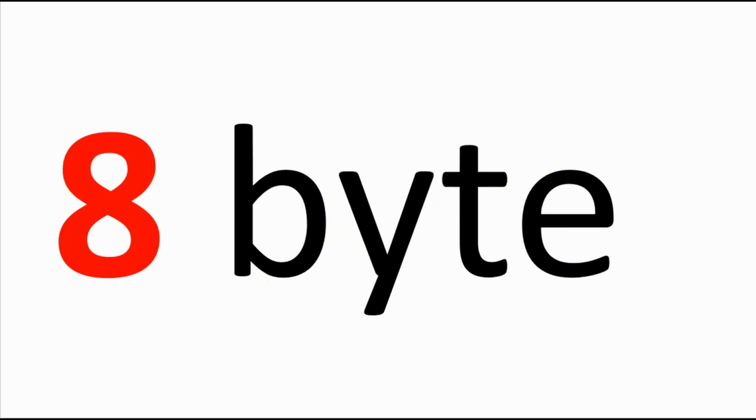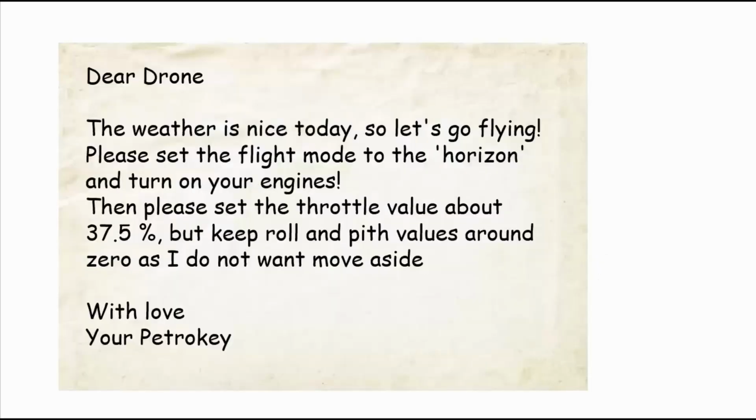Let's check. Imagine one message from the remote control to the drone. And the message is simple. Dear drone, the weather is nice today, so let's go flying. Please set the flight mode to horizon and turn on your engines. Then please set the throttle value to about 37.5, but keep roll and pitch values around 0 because I don't want to move aside. With love, your Petro K.